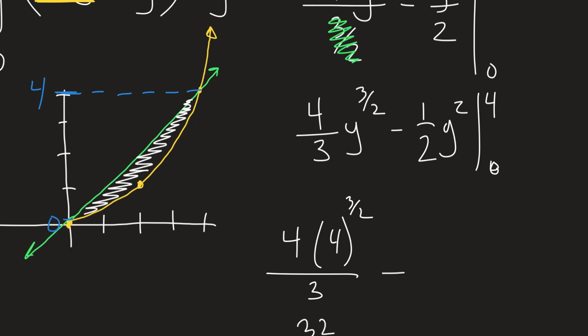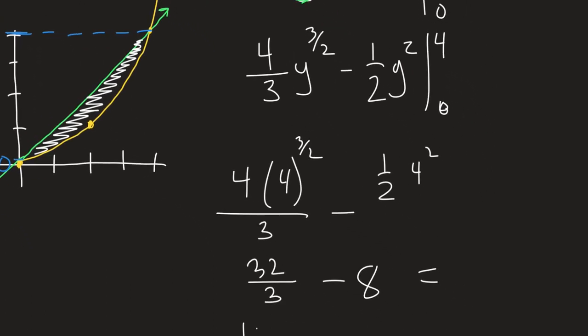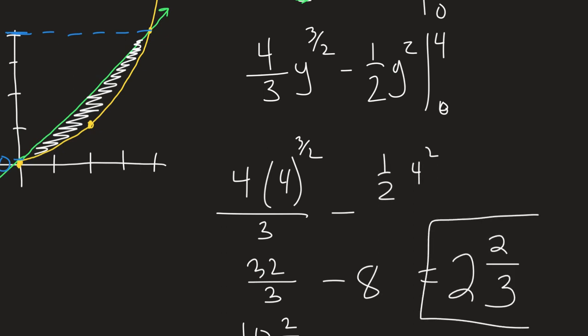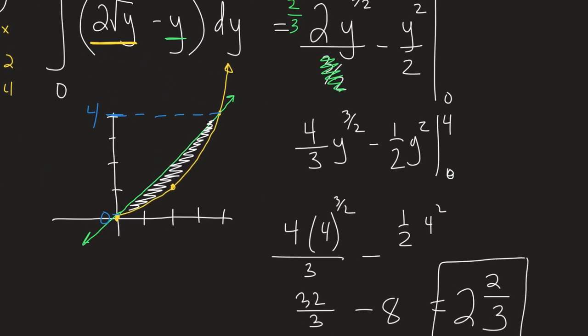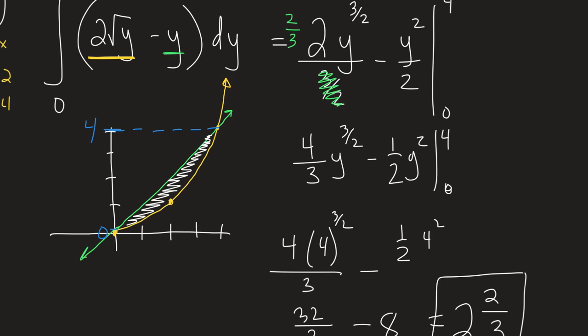Okay, and then plugging in 4 here, we have 1/2 of 4 squared. 4 squared is 16. 1/2 of 16 is 8. Okay, so it might be helpful to change this into 10 2/3. 10 2/3 minus 8 is 2 2/3. So that's going to be the area, square units, between the curves of 2 root y and y from the intervals of 0 to 4.